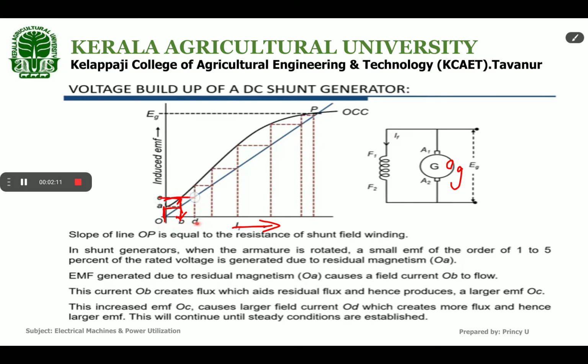This OC again increases the field current to OD, which increases flux and produces an increased induced EMF on the armature, which again drives more current in the field winding. The increased EMF causes a larger field current, which creates more flux and hence a larger EMF.